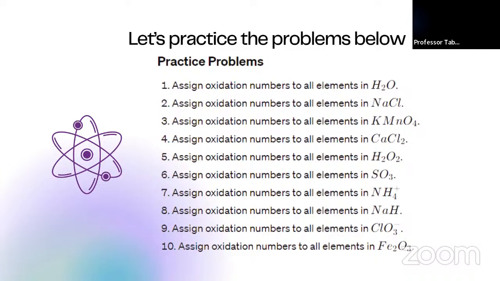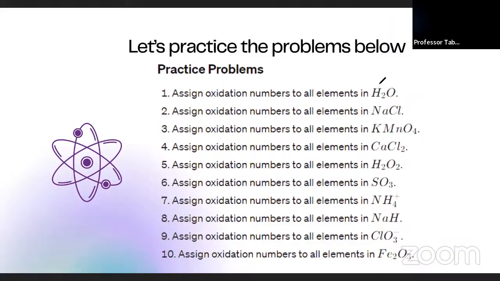If you take a look at assigning oxidation numbers, if you go by the rules that we discussed a second ago, then you should be able to get these answers right here. So we'll do a couple of these problems and let's see what we get as our answers. So if we want to assign the oxidation numbers to all the elements, what would the oxidation number be for, let's say, hydrogen and oxygen?